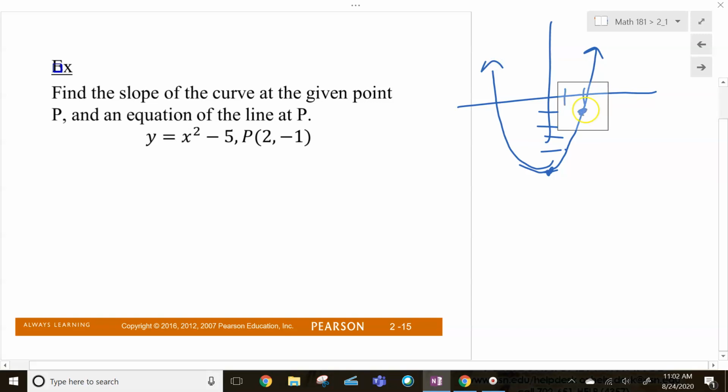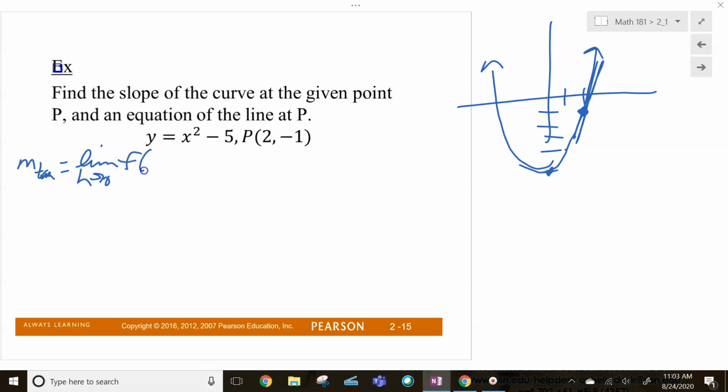At 2, negative 1, I want to know what's the slope of that tangent line. So the slope of the tangent is the limit as h goes to 0 of f of x plus h minus f of x, all over x plus h minus x. Again, that x is canceled.